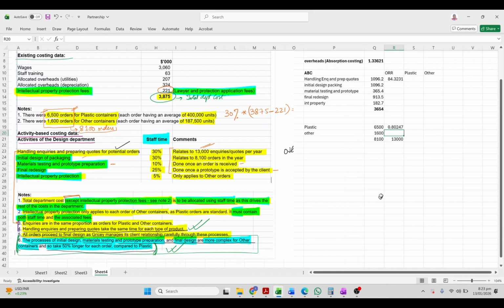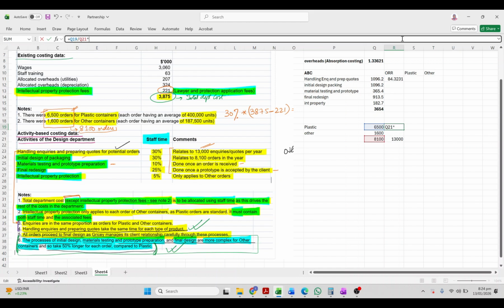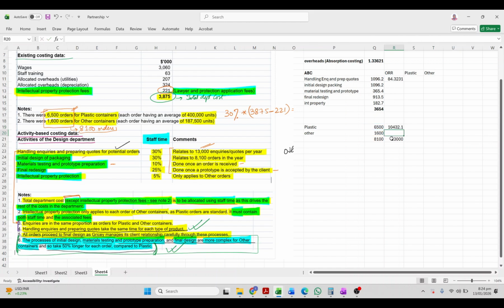Since 80% of orders are related to plastic, out of 13,000 inquiries, 80% will be related to plastic because it's the same proportion, right? So we can simply multiply this figure with 13,000. Similarly, 1,600 divided by 8,100 multiplied by 13,000.